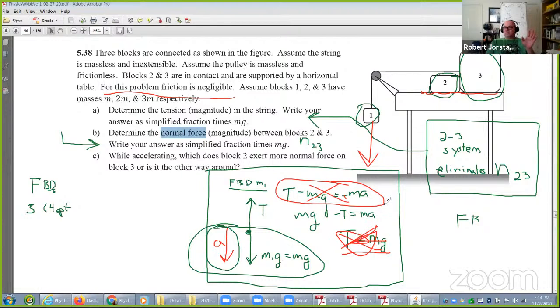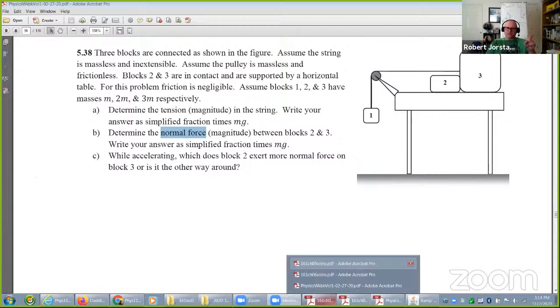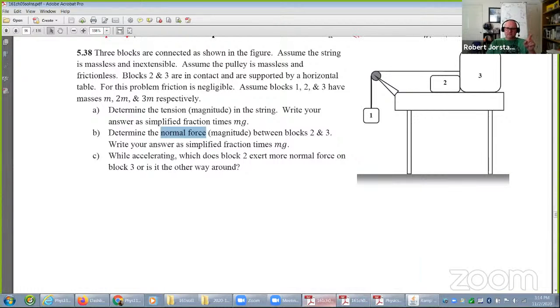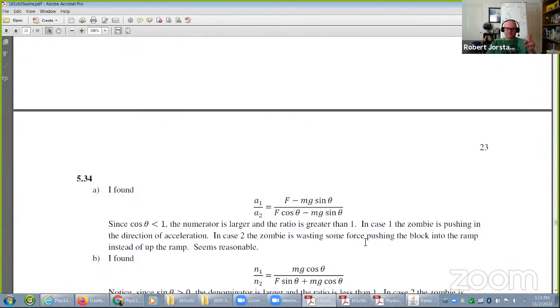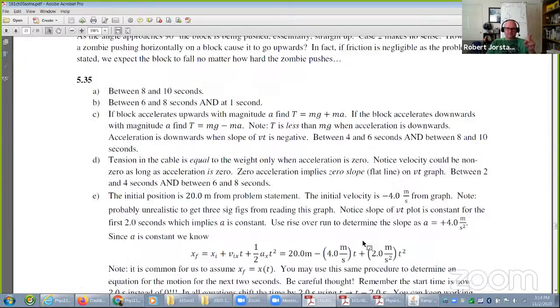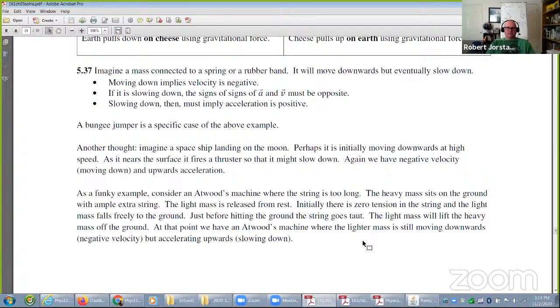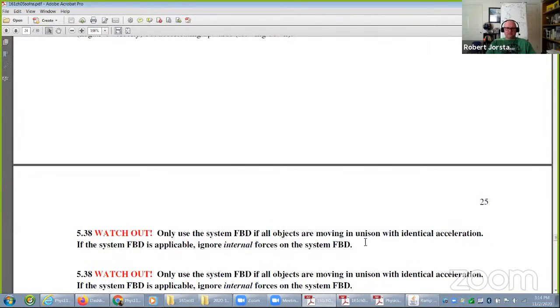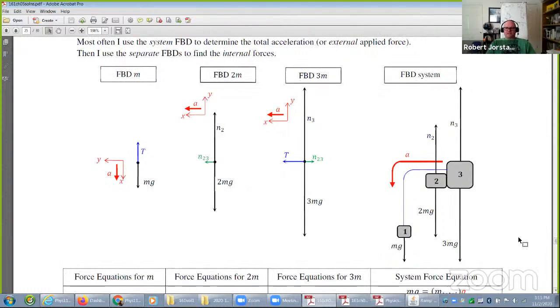Now, let me point something out. Everybody makes mistakes. You are going to make mistakes too. However, the advantage of doing the rotated coordinate system that I suggested to you, where is it? Oh, come on. There we go. I knew it was in here somewhere. Take a look at this one.